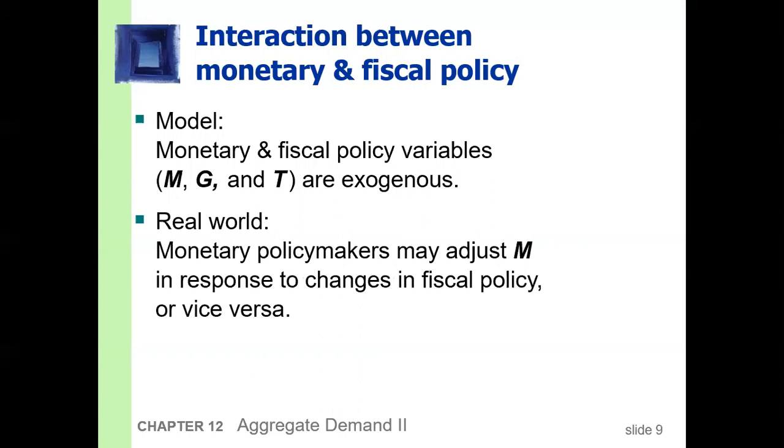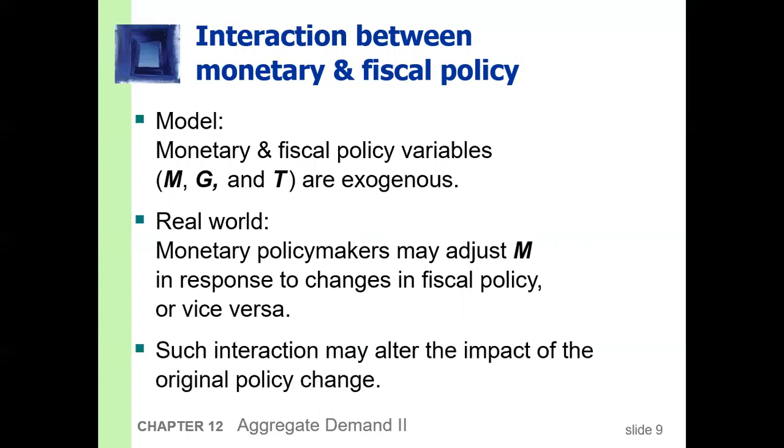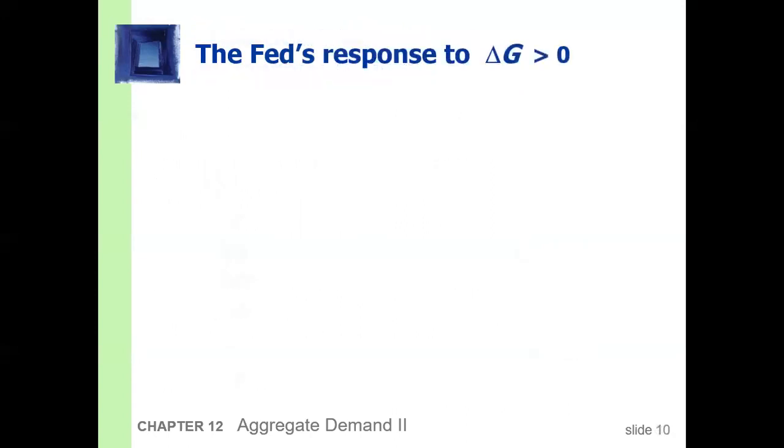In the real world, monetary policy makers may adjust the money supply in response to changes in fiscal policy, in government purchases or taxes, or vice versa. Such interaction may alter the impact of the original policy change. For example, if the central bank, or the Fed in the United States, responds to an increase in the government purchases.